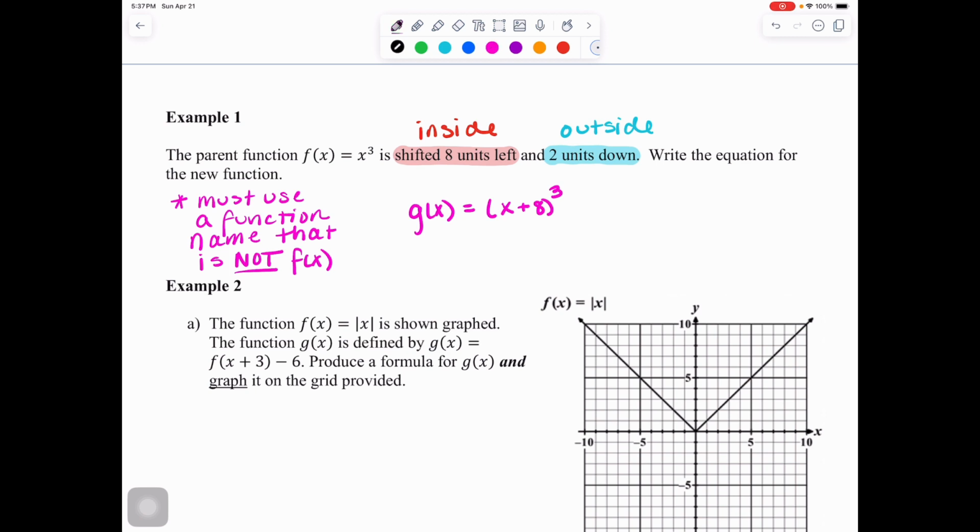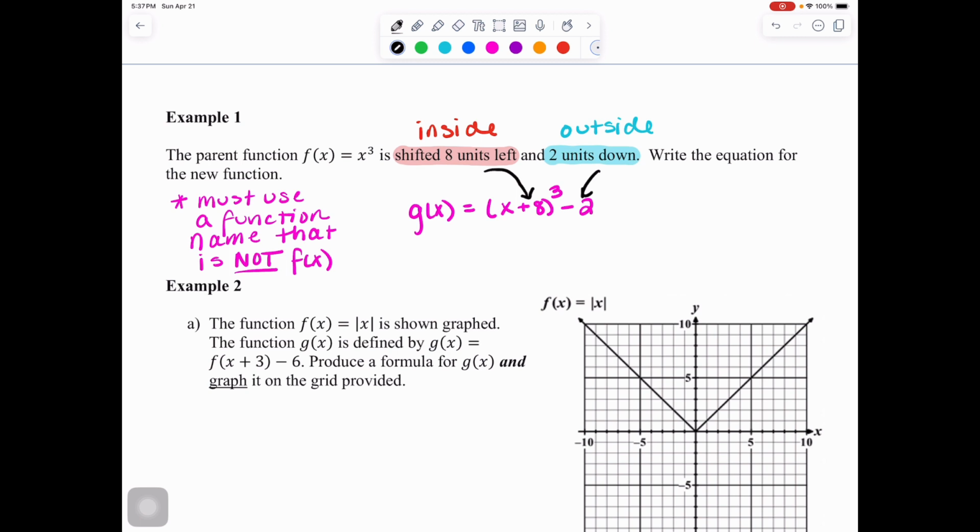So this inside is correlating to this positive 8 here. Then, because it was 2 units down, outside acts as it should. Positive is up, negative is down. So when I see 2 units down, I know I need to subtract 2 on the outside. And this is now my new function with the transformations that have occurred.